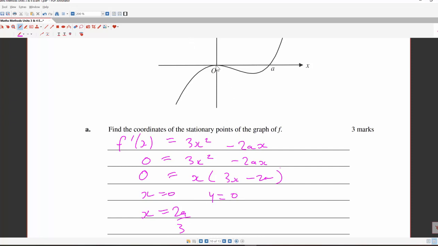That looks appropriate. So that is obviously going to turn there at (0, 0), and this one here will be at 2a on 3 comma, and all we'll do is work out y.